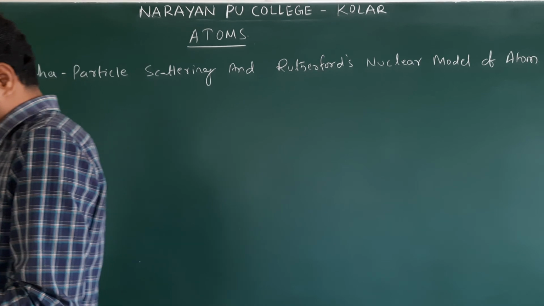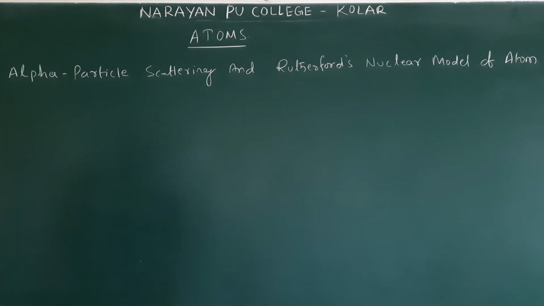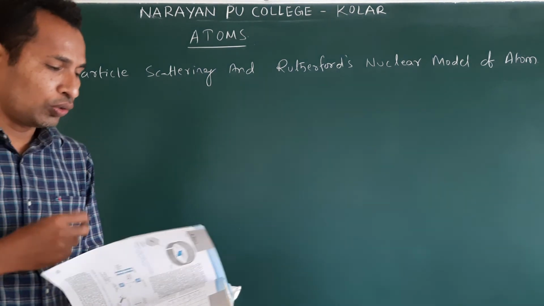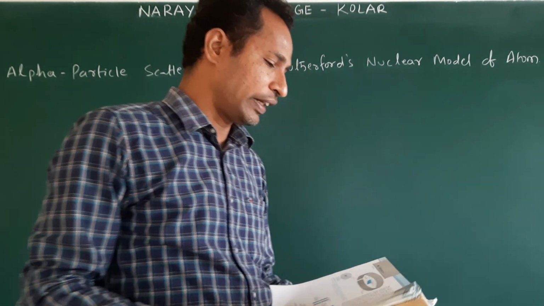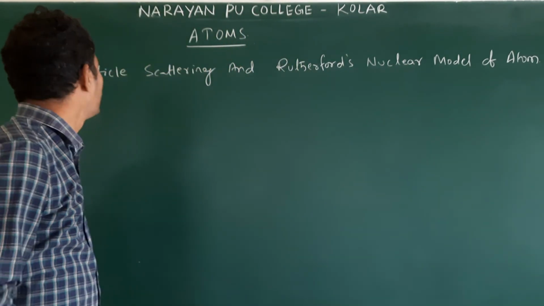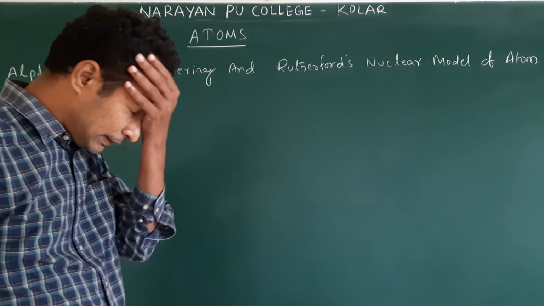So in this, at the suggestion of Rutherford in 1911, Geiger and Marsden performed some experiments. Now we will see those experiments. What did they do? Alpha particle scattering.